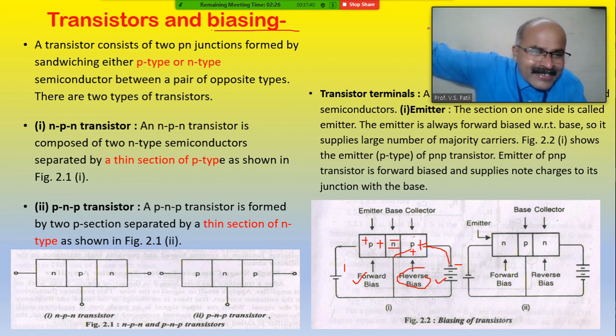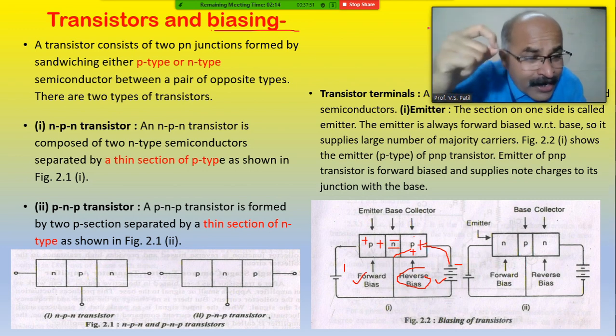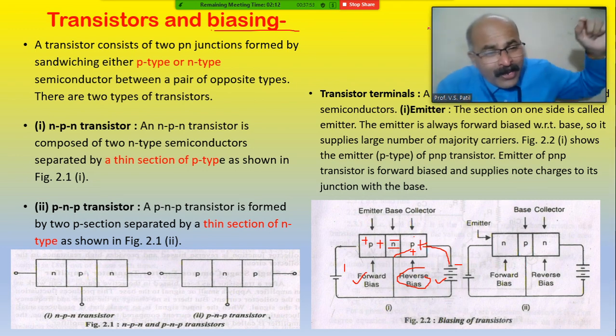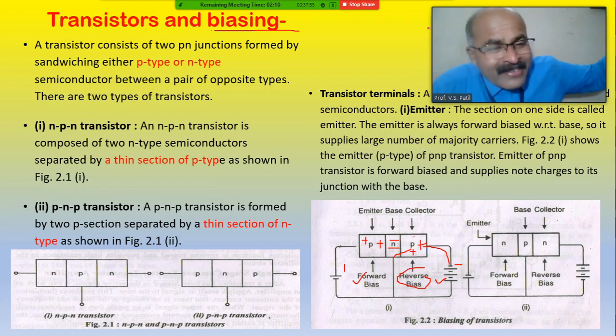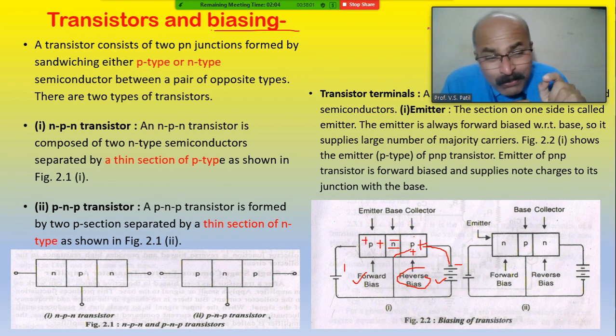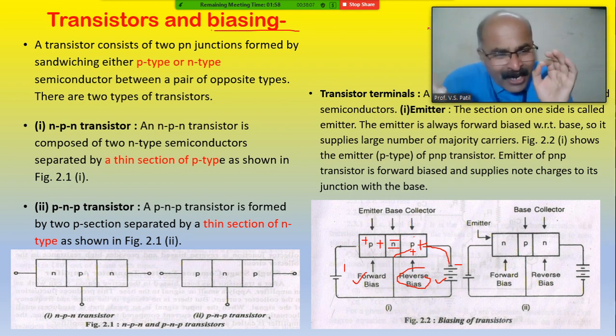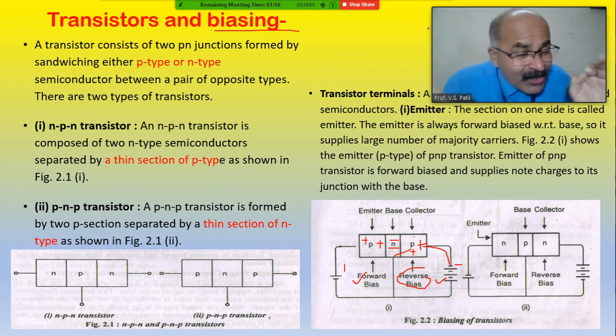And unless you bias the transistor, it can't work in active region. And if it works in active region, then it will be able to work as the amplifier, if it is properly biased. What is the biasing method? Input junction is forward biased and output junction is reverse biased.